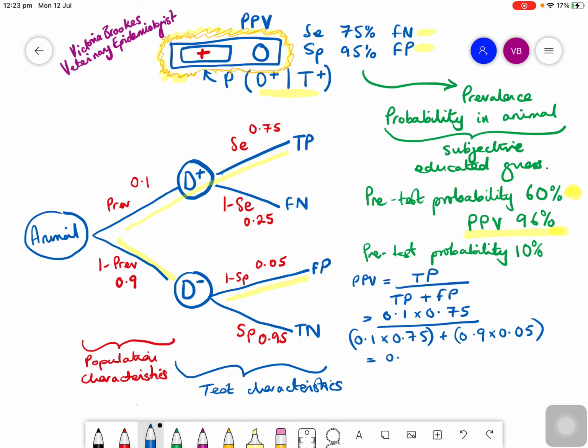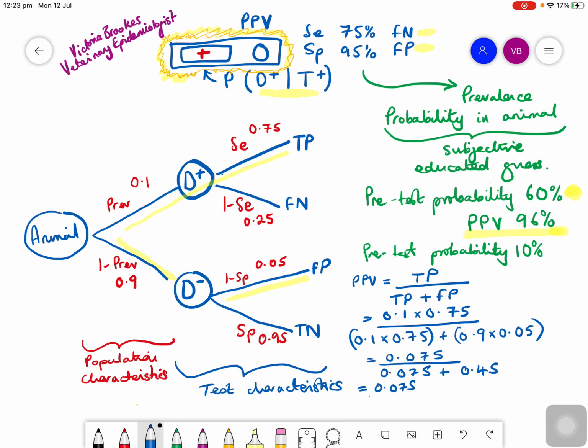The top bit is okay: 0.1 times 0.75 is 0.075, divided by 0.075 plus, let me get the calculator for that bit, 0.9 times 0.05 equals 0.045.